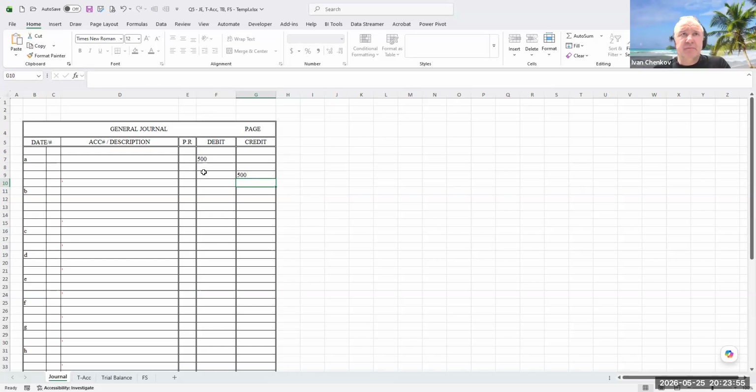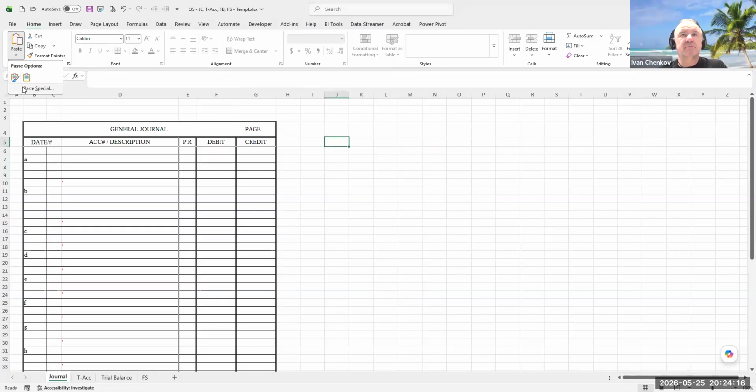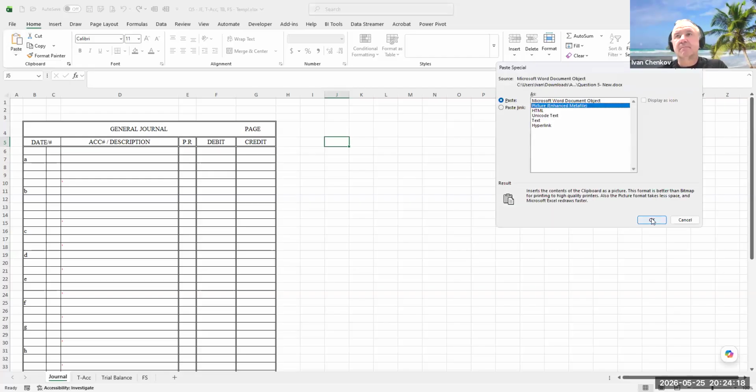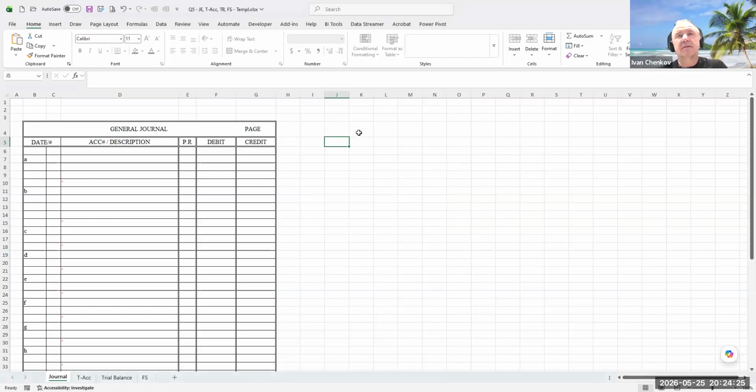To make it easy for you, I'm going to stay on the Excel spreadsheet. I'm going to copy the information from the Word document and post it right here, but this time as a picture. Okay, it doesn't want to post the document.